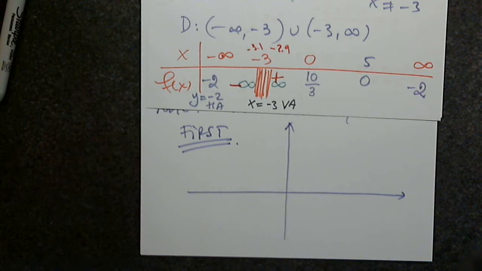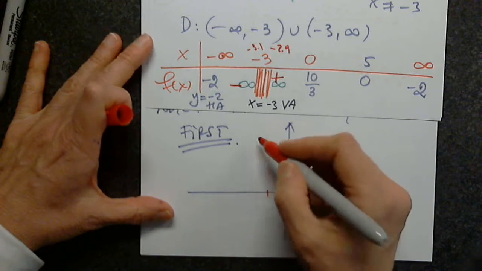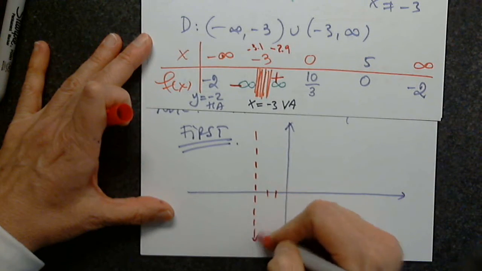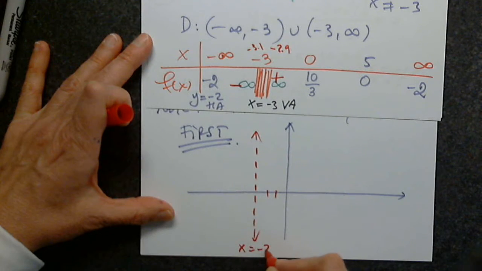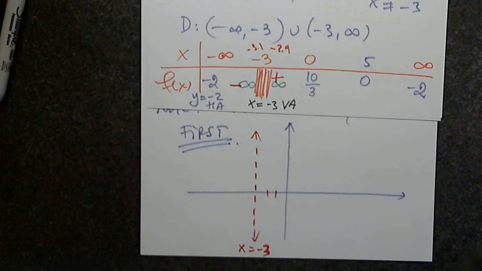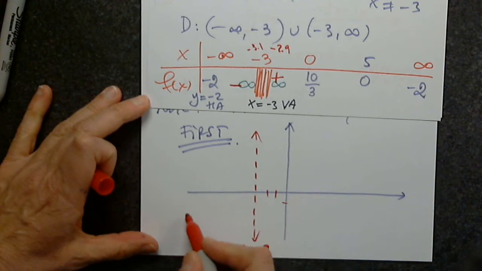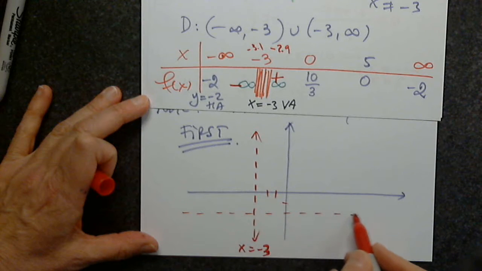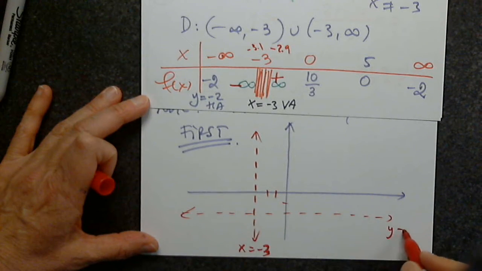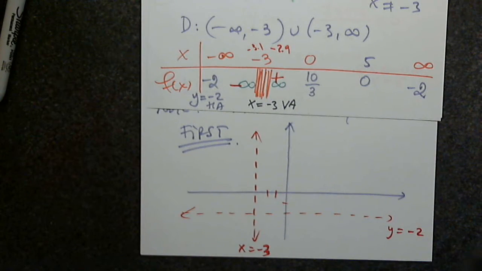This function has 2 asymptotes. 1 at -3, which is a vertical line, dashed. This is not part of the graph. It's not a solid line. And the other one, which is y equals -2, which is a horizontal line.